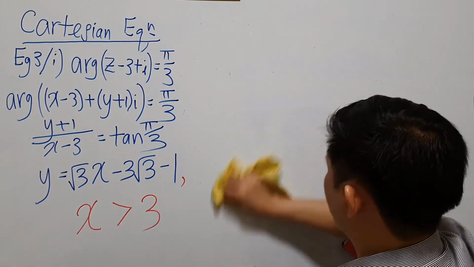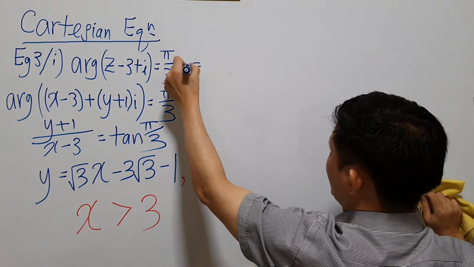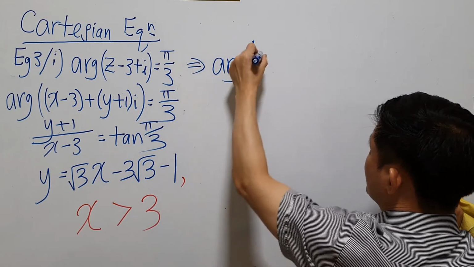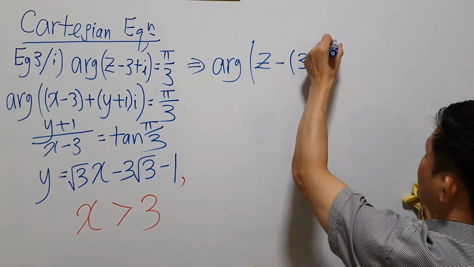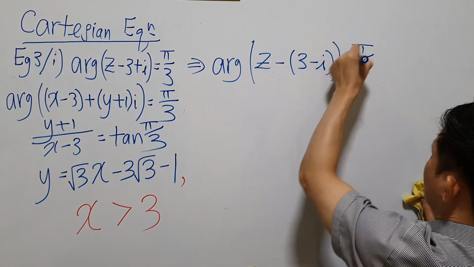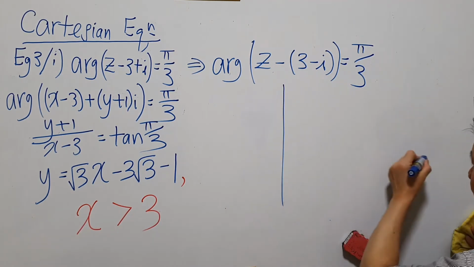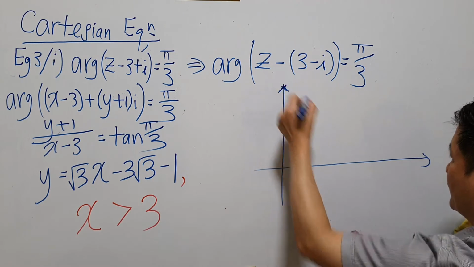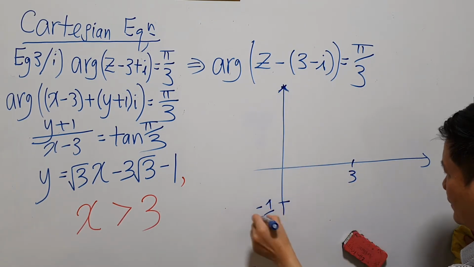If you could recall, to draw this locus earlier on, what we did was we rewrote this as argument of z minus 3 minus i. And this is the half line starting from 3, 3, and then minus i.